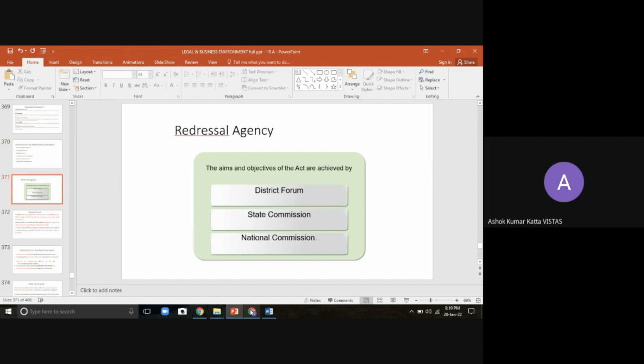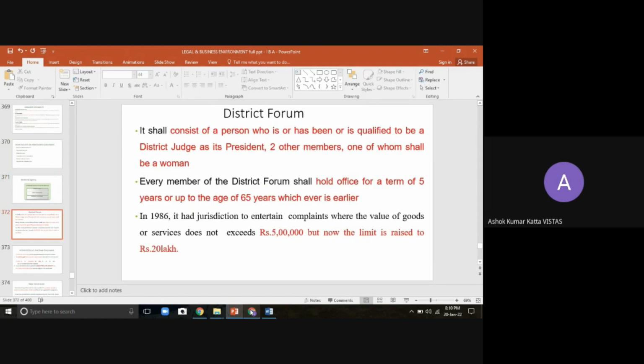First, in the name itself, they mentioned very clearly district level. If you have any problems, you can approach the district forum. Then the state level commission, and again the national level commission. Now we'll see how the commissions or forums work. First one, district level forum.